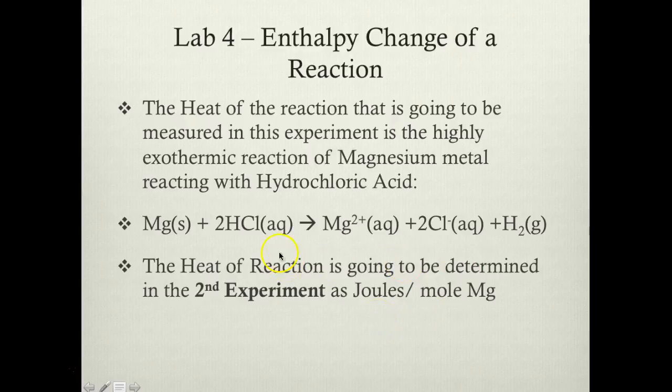And now, what does the word mole mean? If I had just one atom of magnesium, it would be hard to weigh or visualize. So mole is kind of a bigger quantity. For example, if I say I have a dozen eggs, that means I have 12 eggs.